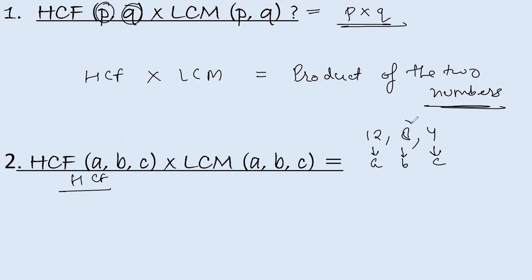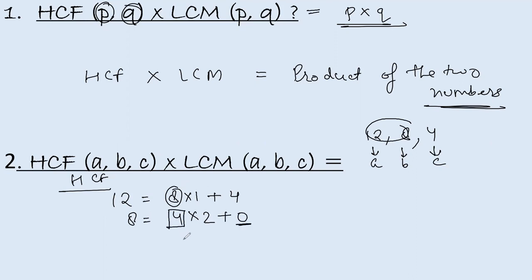Whenever we have three numbers, to find the HCF, we take the first two numbers and find their HCF. So 8 multiply 1, and the remainder is 4. Then the remainder 4 becomes the divisor, and 4 2s are 8, and the remainder is 0. So whatever divisor you have when the remainder comes as 0, that will be the HCF. So this is the HCF of these two numbers, 12 and 8.